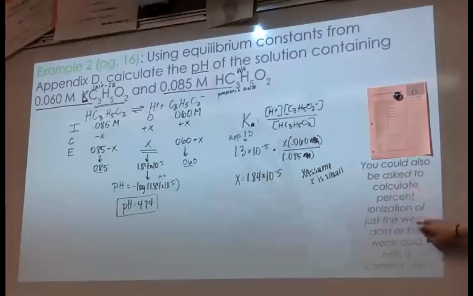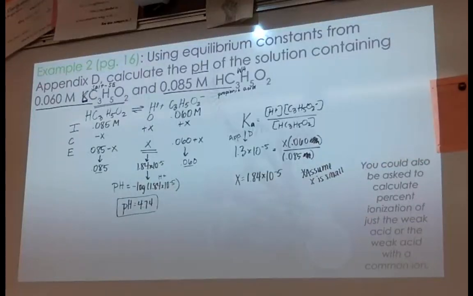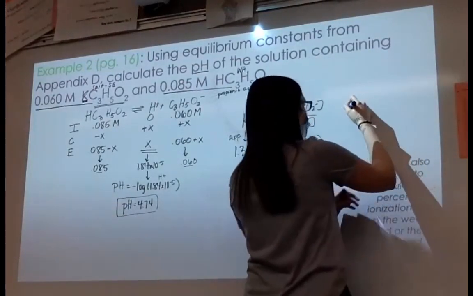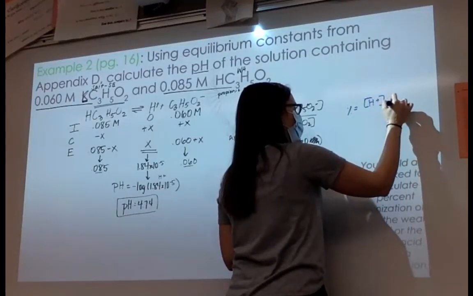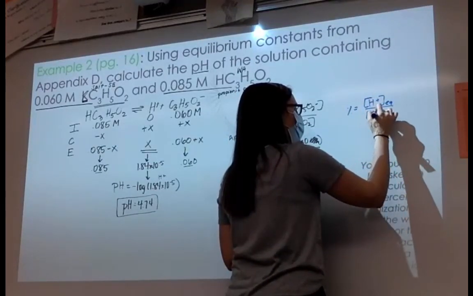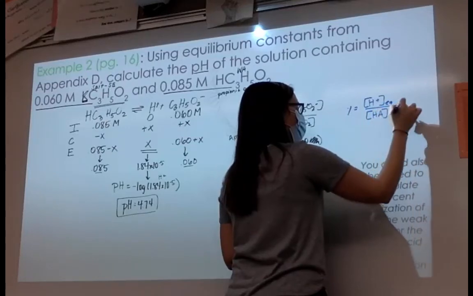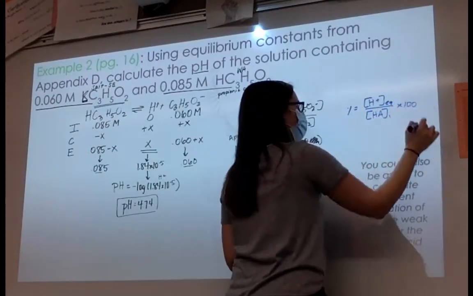Now just a note down here, you could also be asked to calculate percent ionization. So you could be finding percent ionization of just the weak acid. So remember, percent ionization is the concentration of H+ at equilibrium over the initial concentration of the acid times 100.